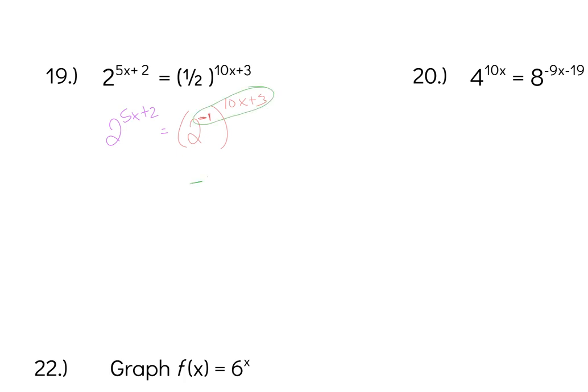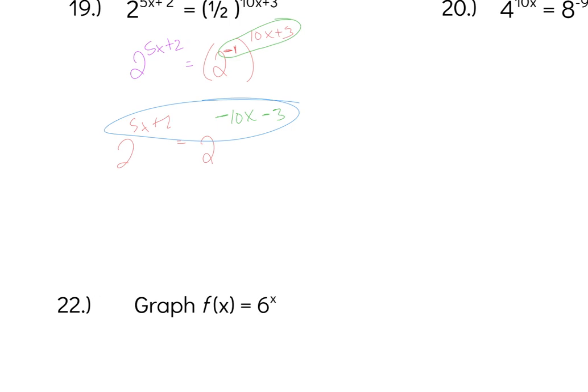So we're going to get negative 10x minus 3. And let's be honest, we know where this is going. That's a 2. This is 2 to the 5x plus 2. So now those exponents are equal to each other. We're kind of ignoring the bases. 5x plus 2 equals negative 10x minus 3. I'm going to add 10x to get 15x.